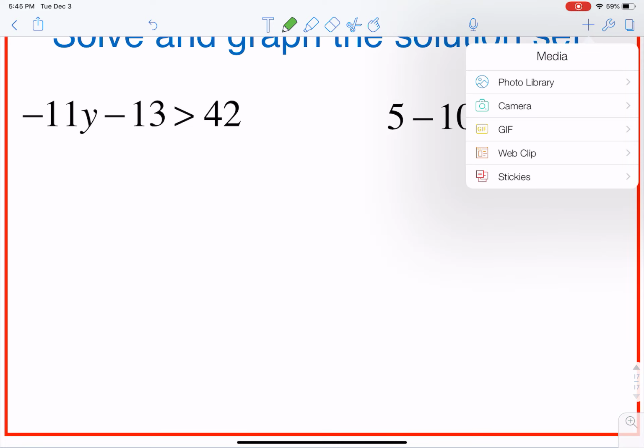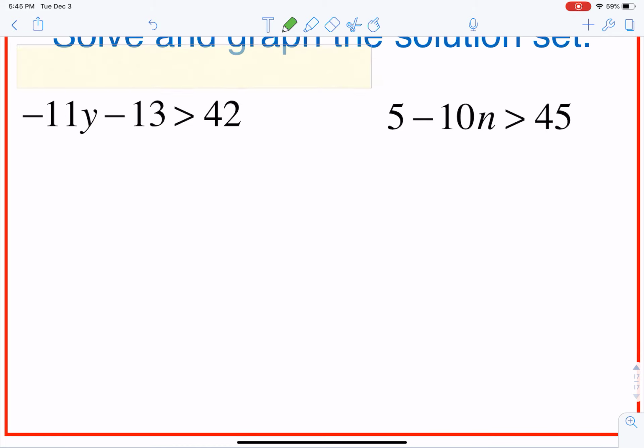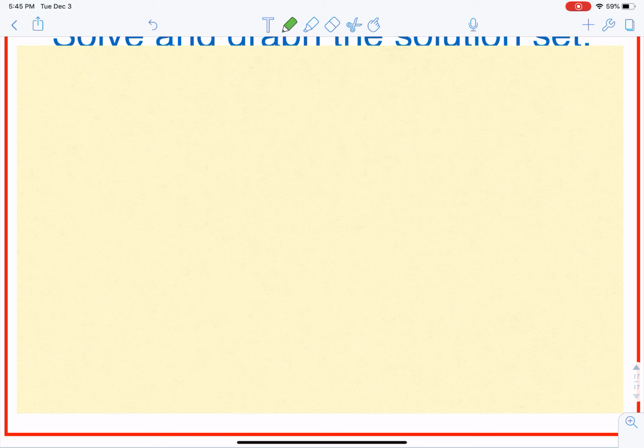So here, why don't we go ahead and do this? I just want to do a few practice problems with you that are on your homework that you're about to get. So v minus 9 is less than or equal to negative 13. I want you to solve each inequality and graph its solution.